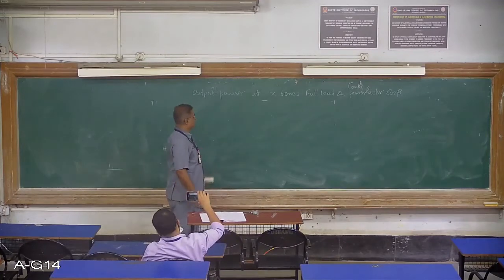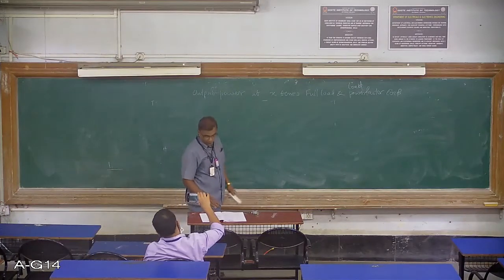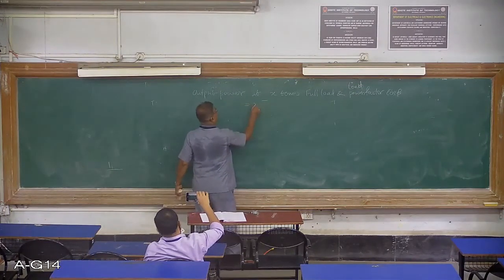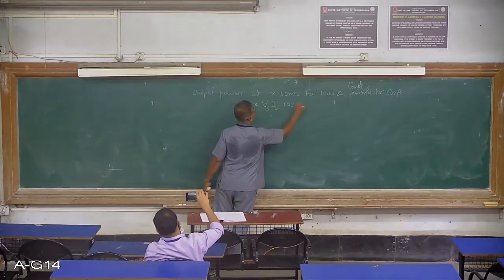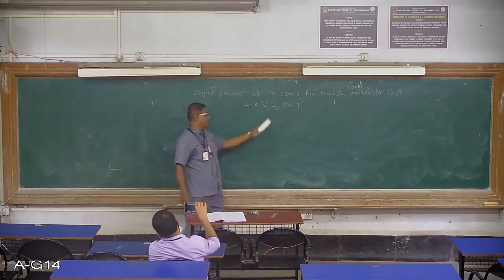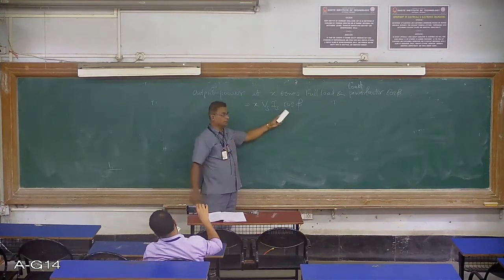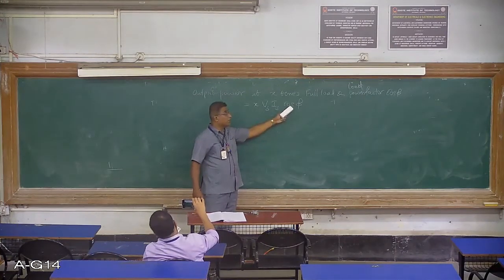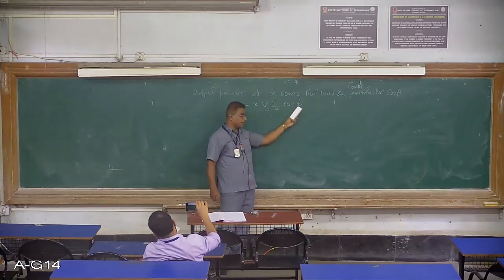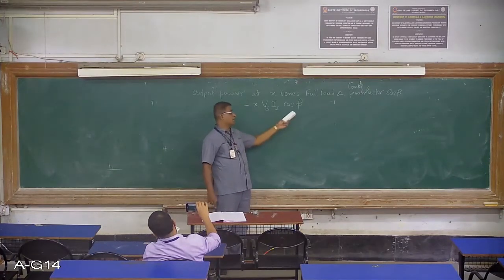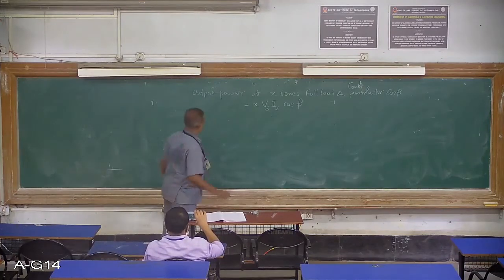The output power of the transformer at X times full load and load power factor cos phi is given by X times Vs Is cos phi. Cos phi depends on the type of load that we are connecting. If you are connecting a resistive load, cos phi is 1. For an inductive load, cos phi will be less than 1. This is the output power.